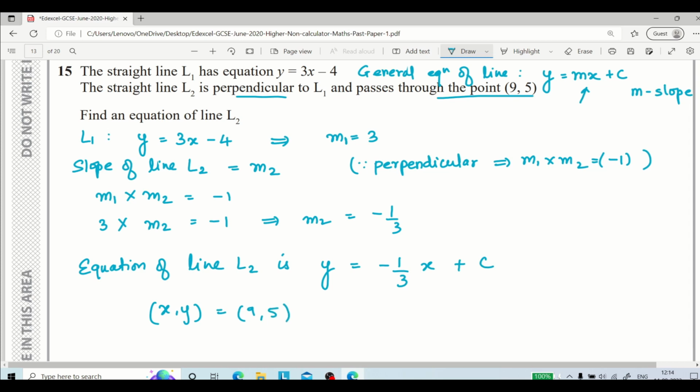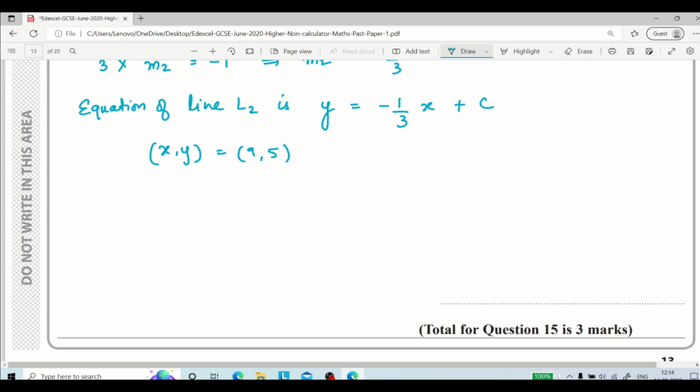Yes. So just substitute the value of x comma y to be 9 comma 5, and then you're done. So you'll have y is equal to minus 1 upon 3x plus c. I'm just substituting the value of y, that is 5, equals minus 1 upon 3 into 9 plus c.